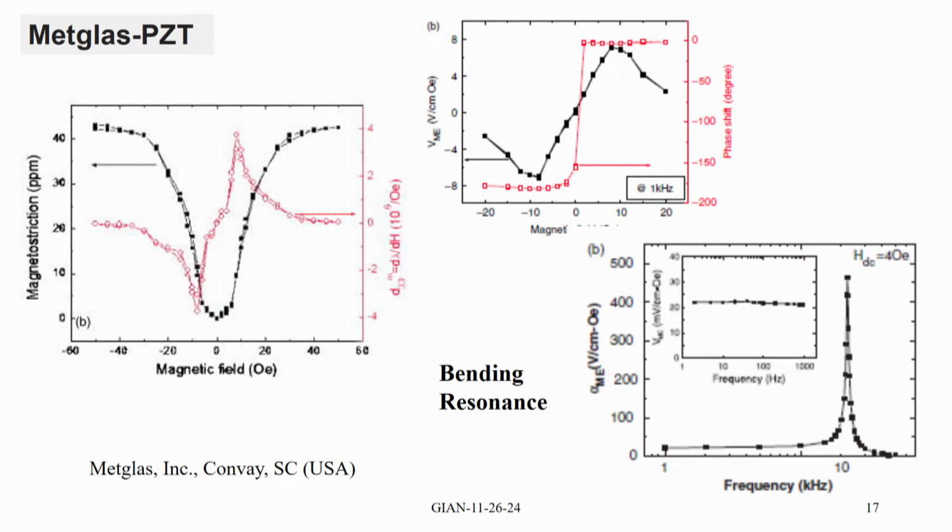coefficient because of the way the magnetostriction varies with the DC magnetic field. It quickly saturates, but the initial increase in the magnetostriction is quite steep. That makes the Q value rather high, as you see here, and that is the reason it has very good magnetoelectric response in a composite with any ferroelectric, either PZT or PMN-PT.